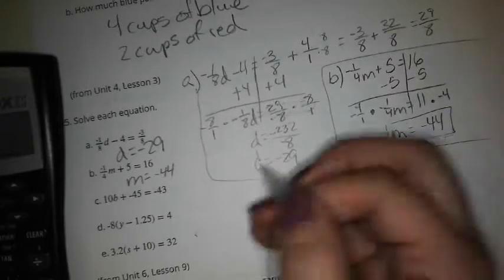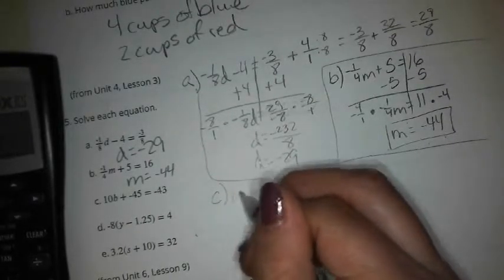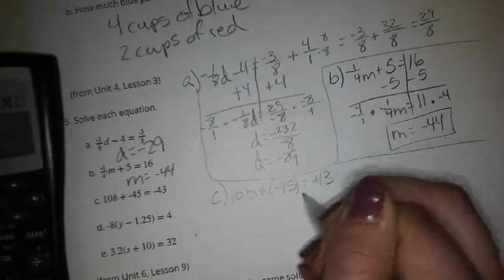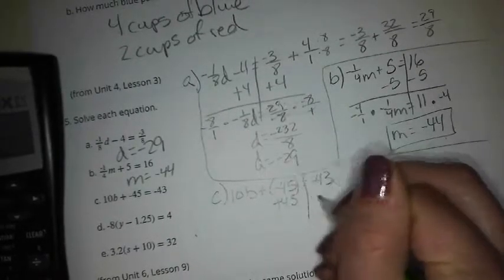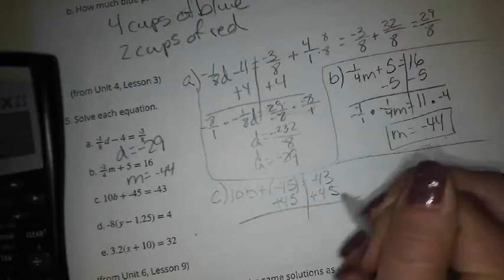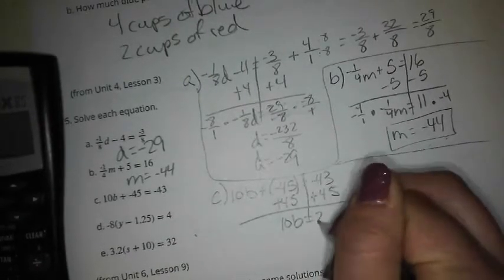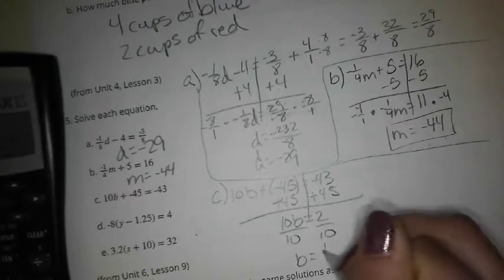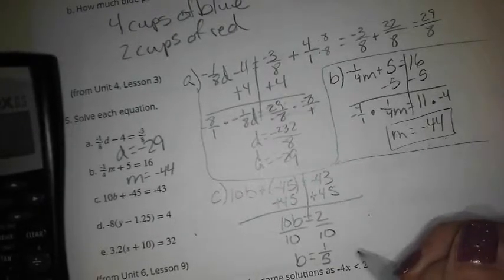That one was simple enough. Okay, C. 10b plus negative 45 equals negative 43, plus 45 to both sides. 10b equals 2, divided by 10. b equals 1/5.